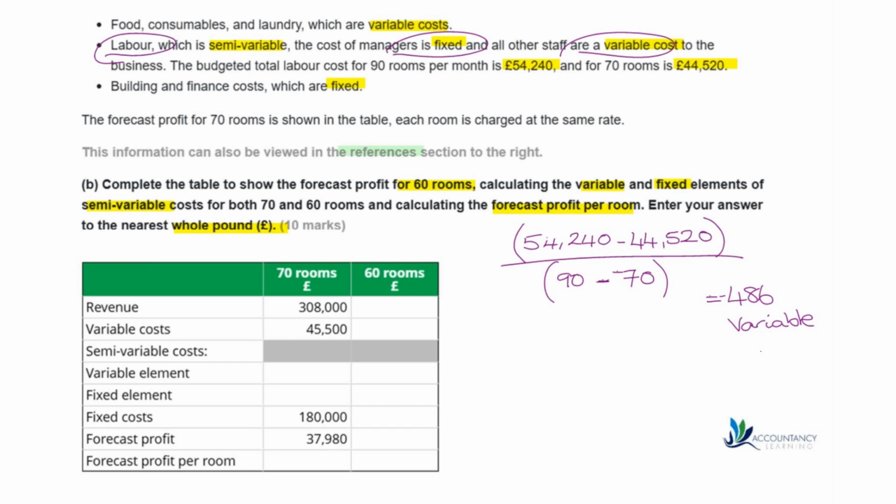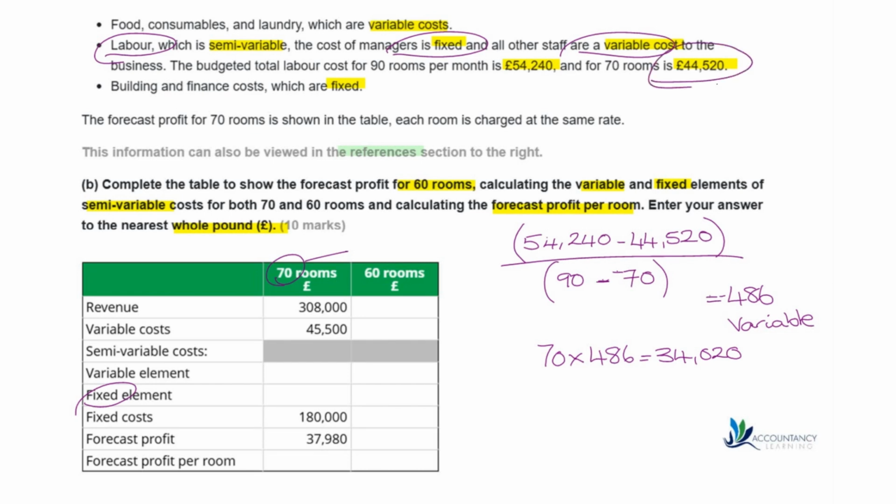So to now work out the fixed, we're going to use the 70 rooms because we need that as part of our answer. So we do 70 multiplied by 486, which gives us 34,020.